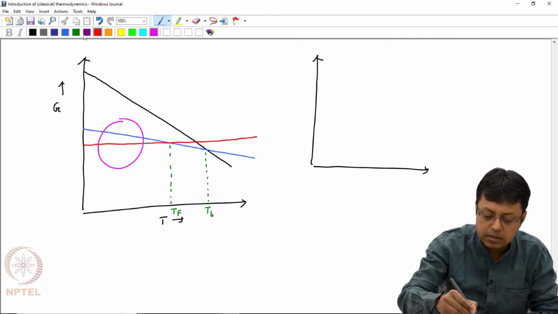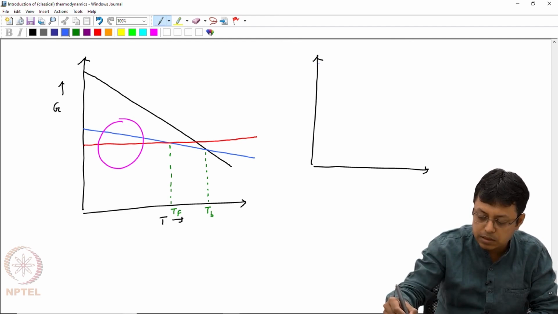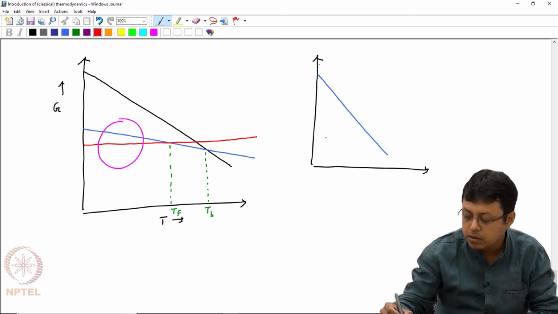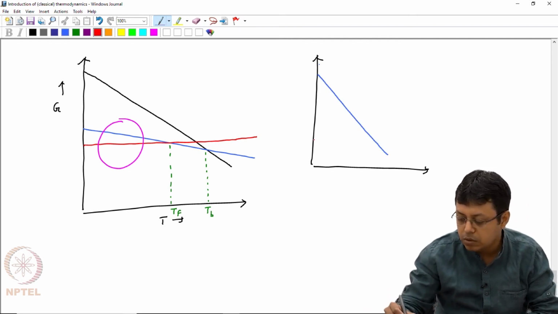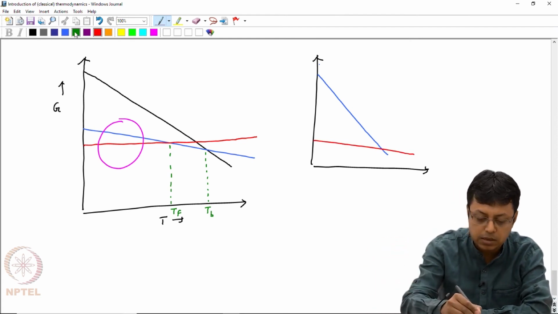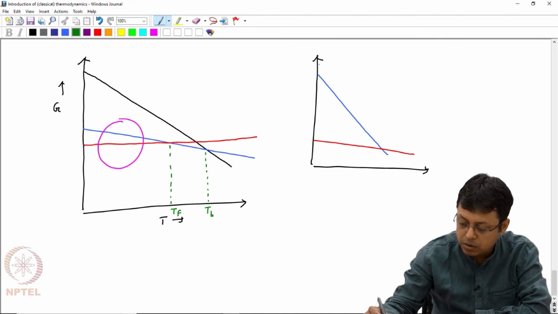Suppose this is the original blue curve, which is at a low pressure, and then there is a red curve which is also at a low pressure. Now we'll see the effect of increasing the pressure on this, and this point we call the normal freezing point, or TF.